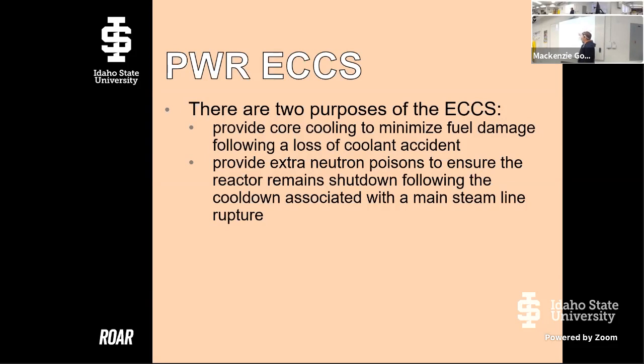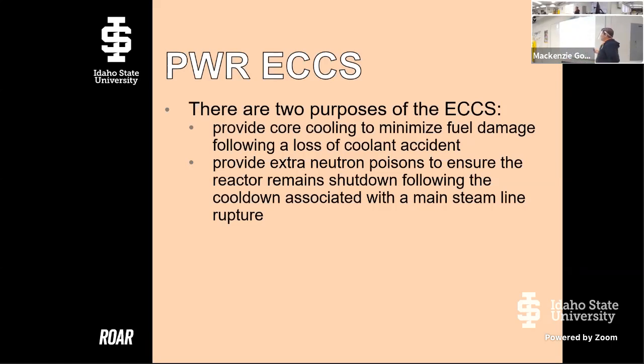In addition to this pretty obvious emergency core cooling, ECCS will also provide extra neutron poison to ensure the reactor remains shut down following the cool down associated with the main steam line rupture. So essentially, that poison material we talked about being in our control rods, something like boron, boron can also be in a liquid solution.